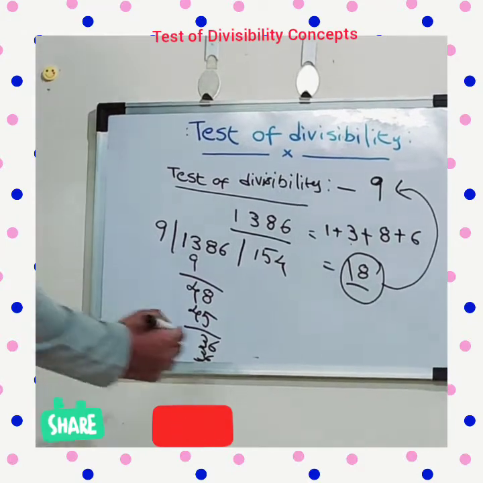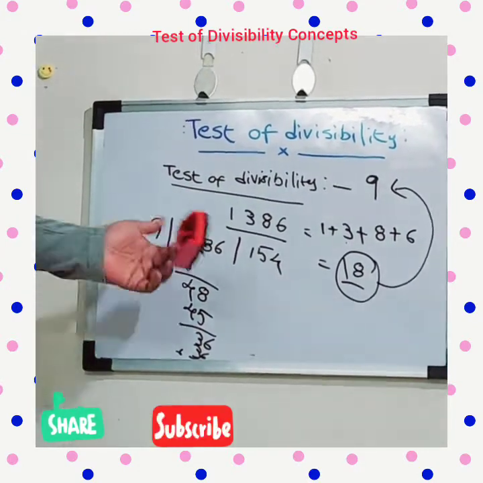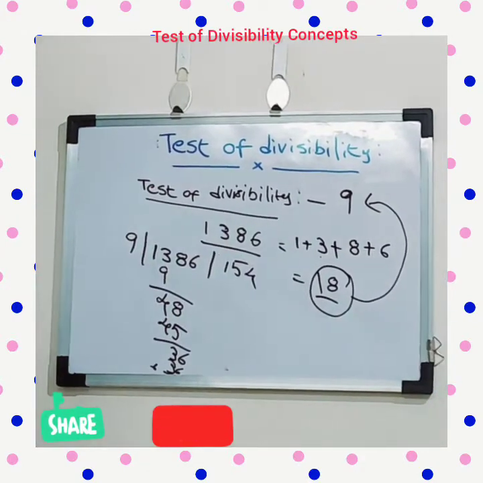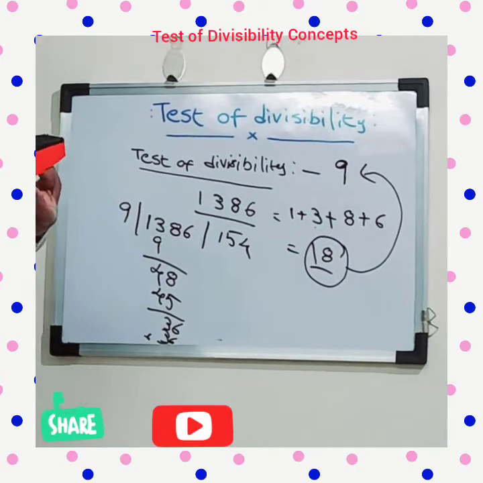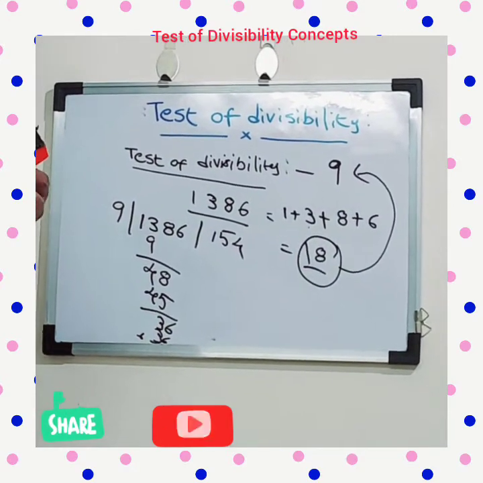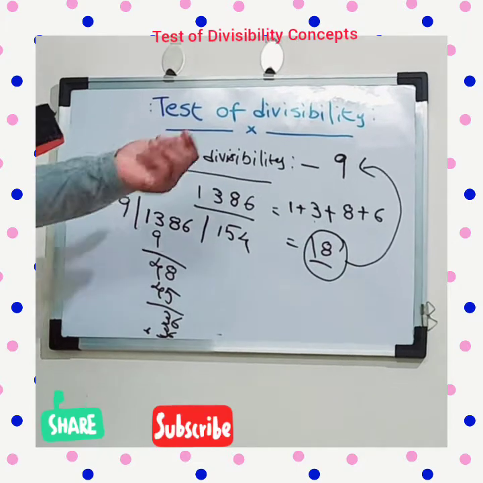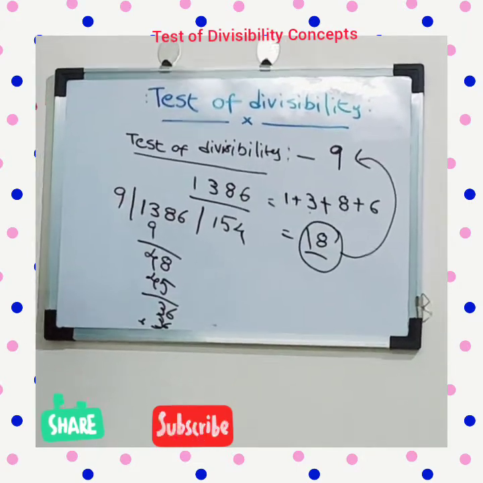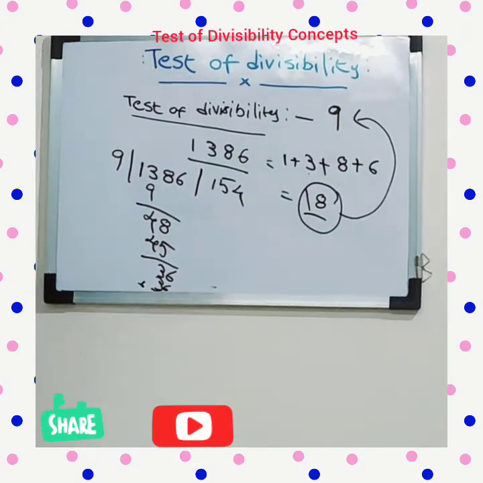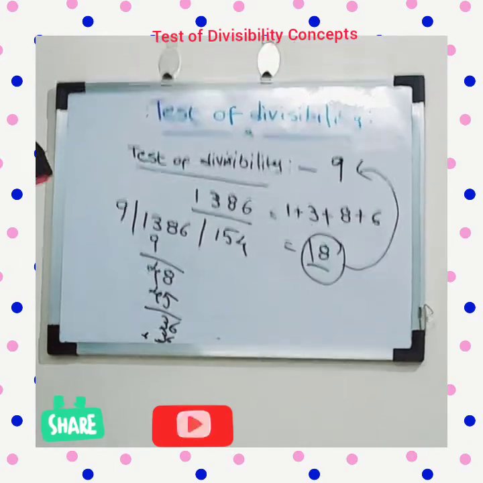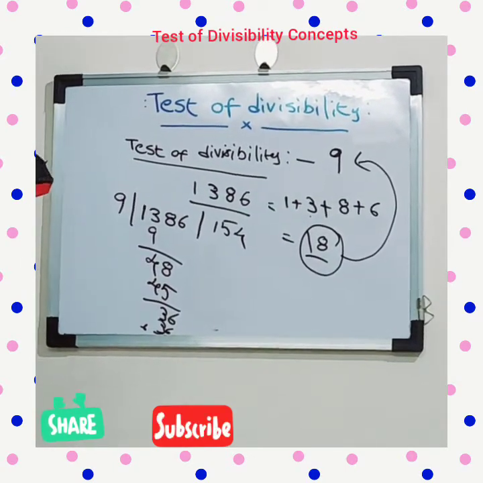So the remainder is 0. So these are the divisibility rules of 9, and these rules are very helpful for primary class students. Not only for primary class students, if anyone wants to appear for competitive exams, up to 10th class and plus 2 standards also, these divisibility rules will be very helpful.